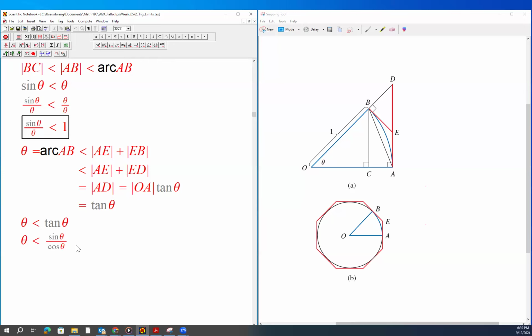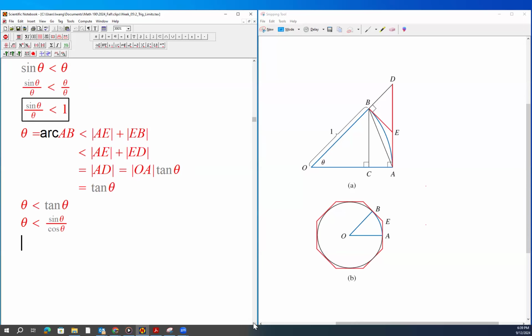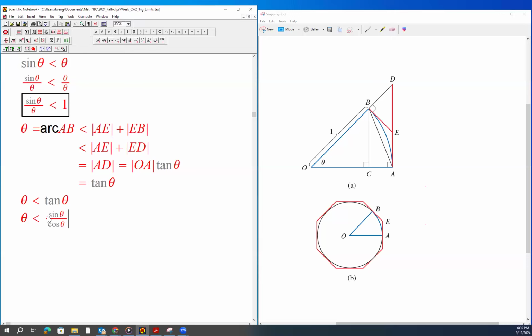Everything is in the first quadrant, theta between 0 and pi over 2. Sine theta and cosine theta are positive in the first quadrant. So we divide both sides by theta and multiply both sides by cosine theta, and it's still going to be positive.